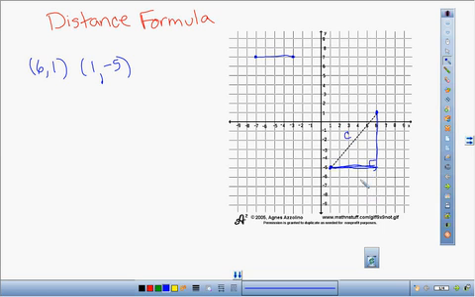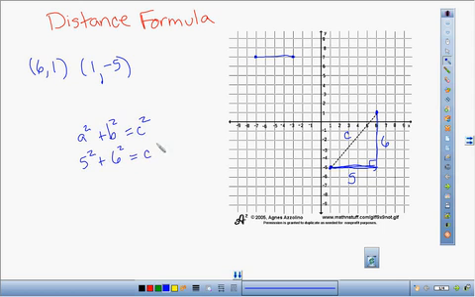This is just C. Alright? This side is 1, 2, 3, 4, 5. This side is 1, 2, 3, 4, 5, 6. So we can find this length right here by using our Pythagorean theorem. It says that a squared plus b squared is equal to c squared. And we know that a is 5 and b is 6.